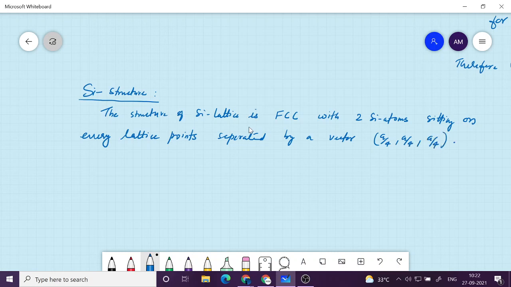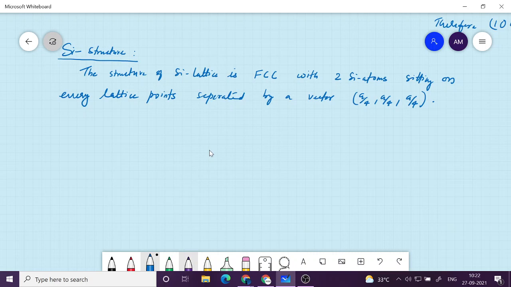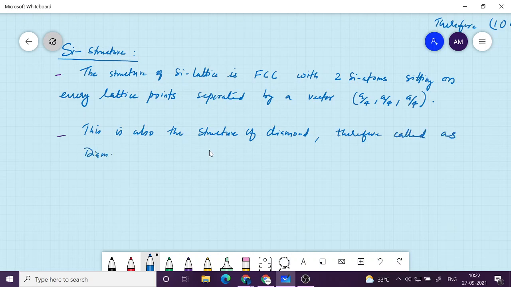That is the structure of silicon, and this structure is also called the diamond structure because this is also the structure of diamond, where instead of silicon atoms you have carbon atoms. Therefore we call it the diamond structure.